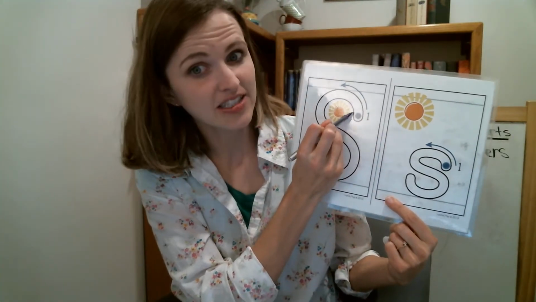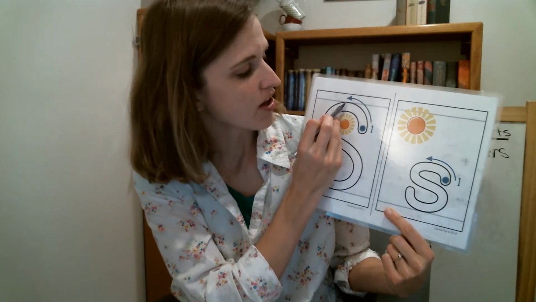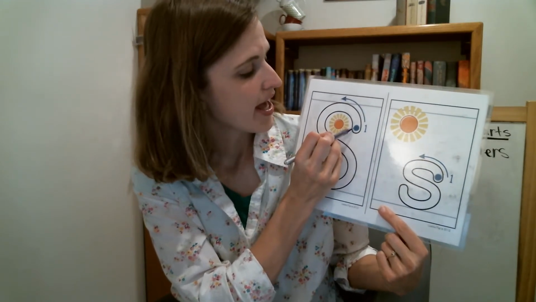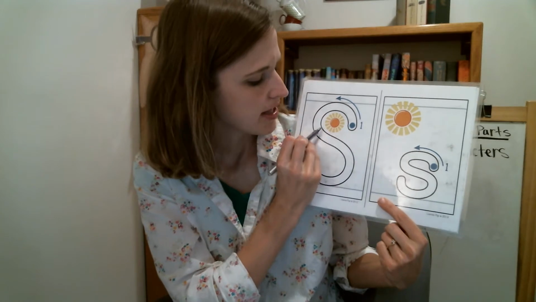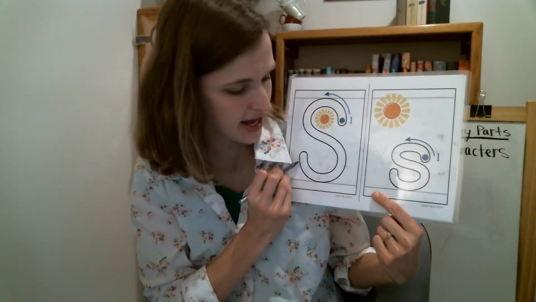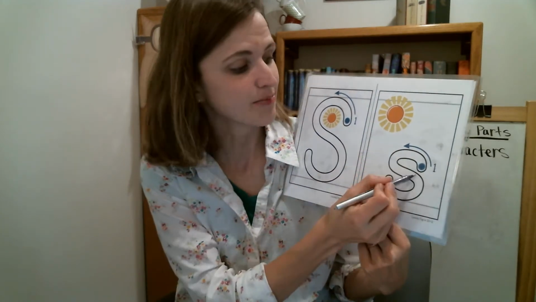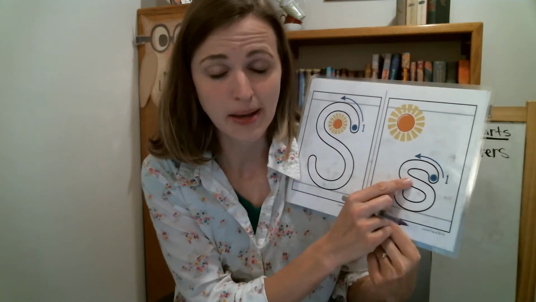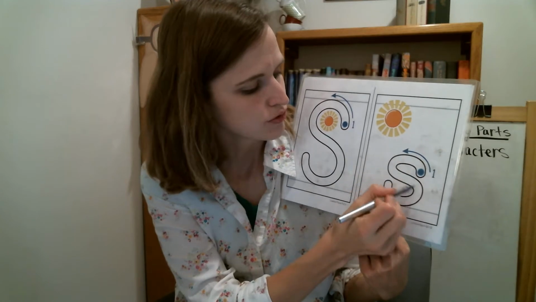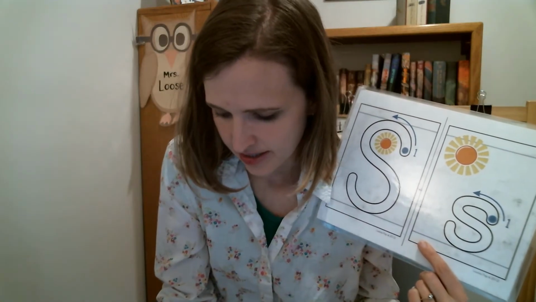So a big S curves. See, it doesn't start on the top line, but close to it. And it curves and it hits that top line and comes all the way down and hits that bottom line. This lowercase s is exactly the same. It looks just the same, but it's smaller. I'm going to write out on my paper, big S, small s.